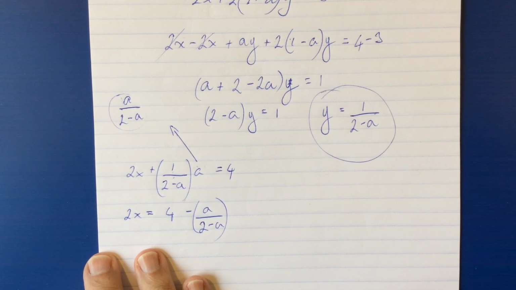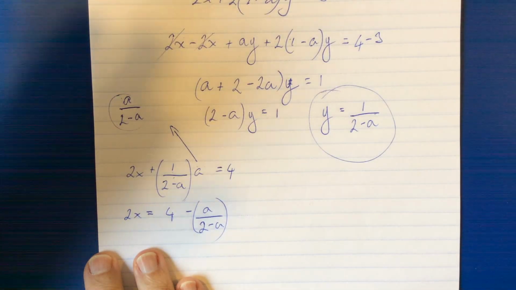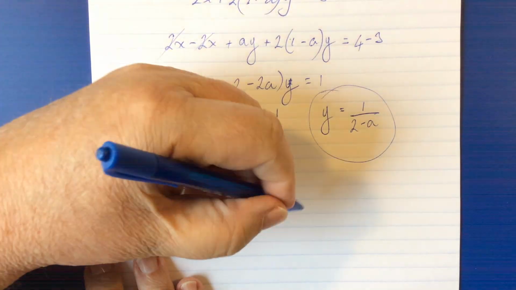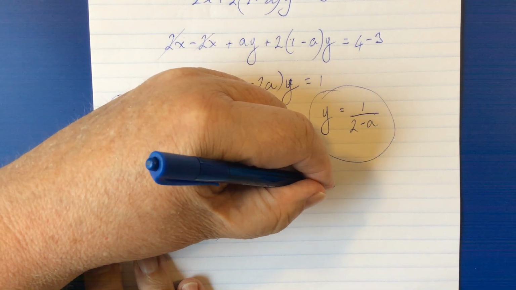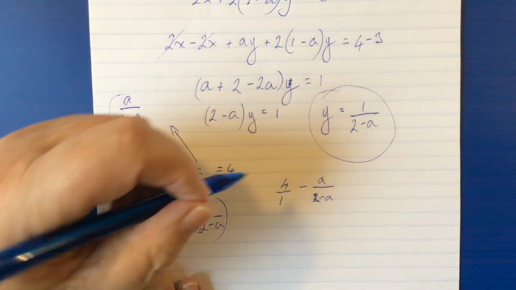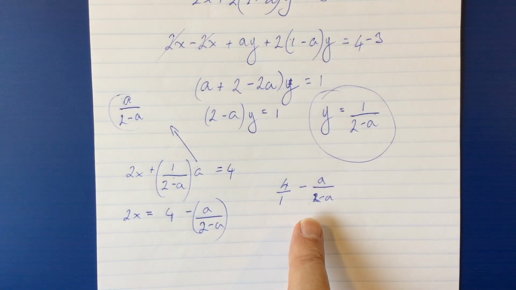And what can we do with this? Well, this is where just general algebra skills really come into play. So what we have is 4 over 1 minus a over 2 minus a. And we just treat this like any fraction that we have when we are subtracting one fraction from another where the denominators are different.